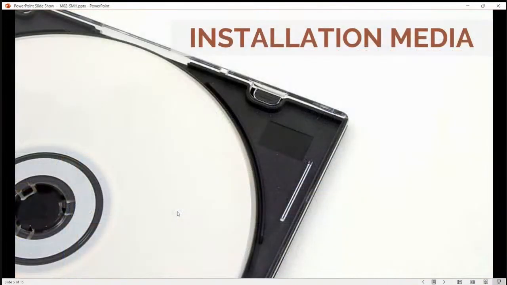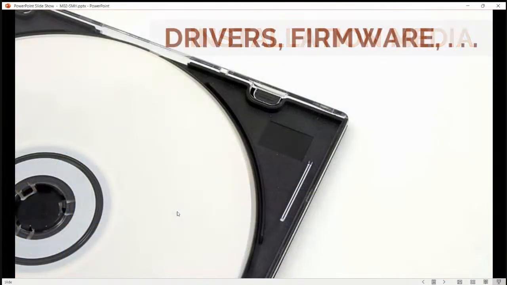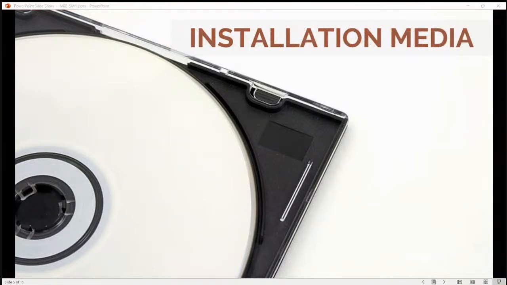What else? Installation media. What for? Well, I want to pause here for a second and talk about when you're rebuilding a server from scratch, you're assuming that you have everything that you need.